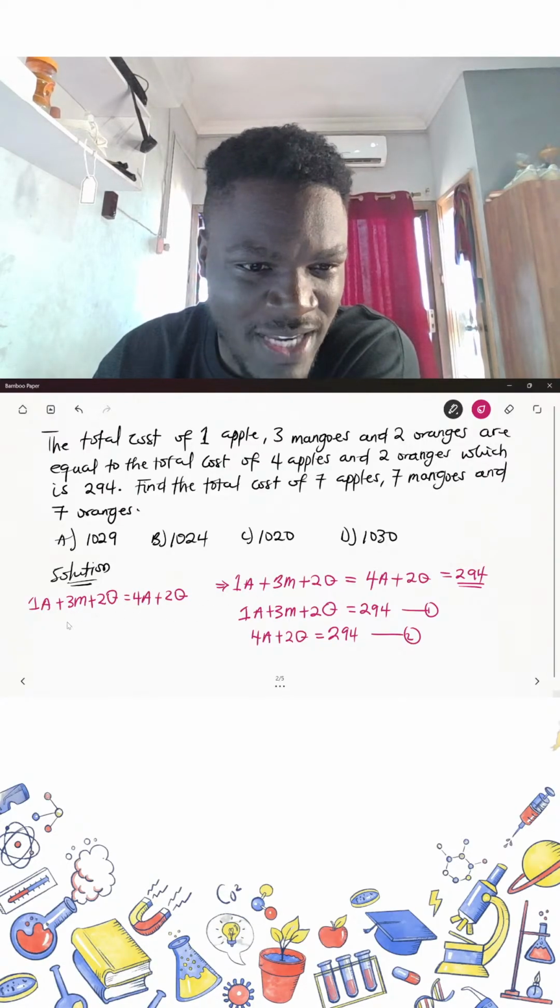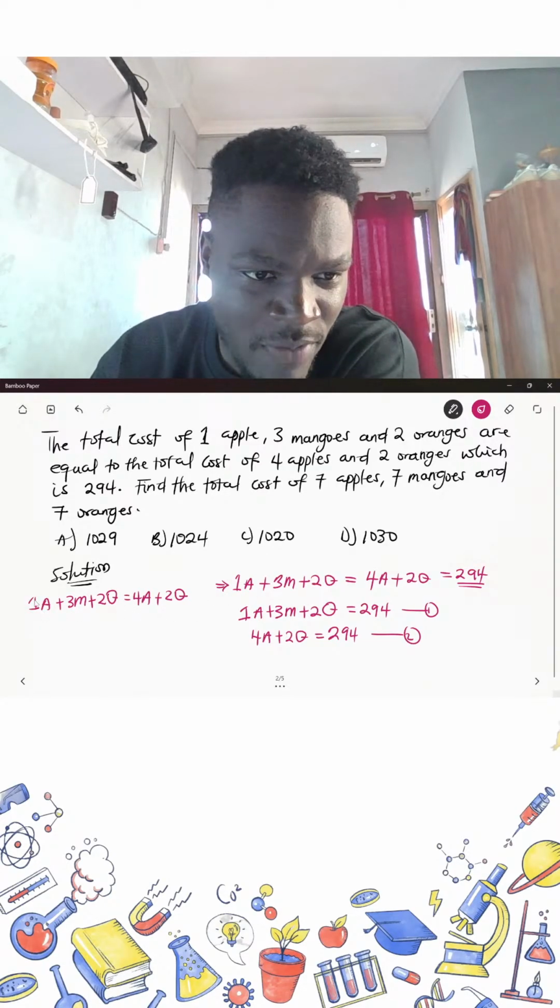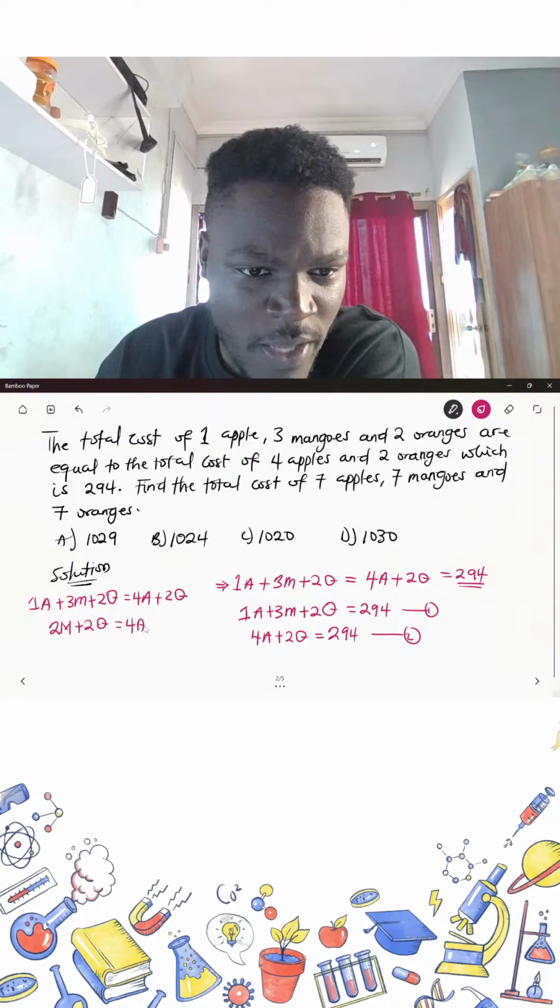So let's try to simplify this expression. I have 1A here, 4A here, so I'll bring the 1A over there. So I have 3M plus 2O over here will be equal to 4A minus 1A plus 2O over here.